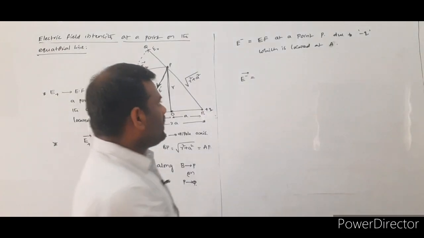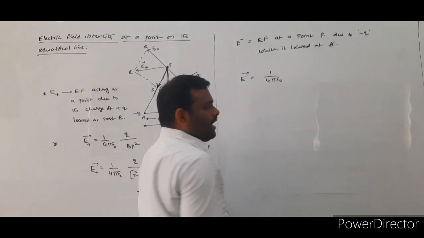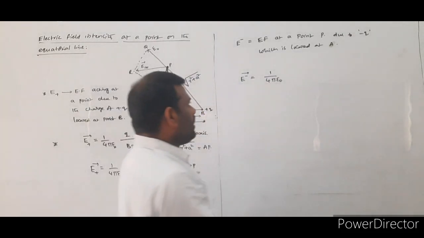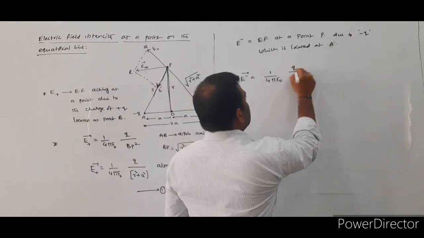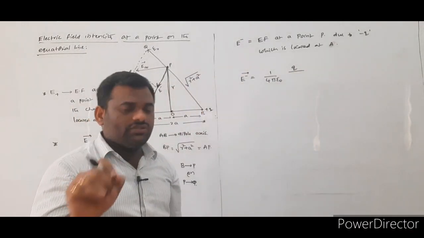According to the basic formula, I will write 1 by 4 pi epsilon naught, the magnitude of the charge only we have to consider. Always we have to consider the magnitude of the charge.